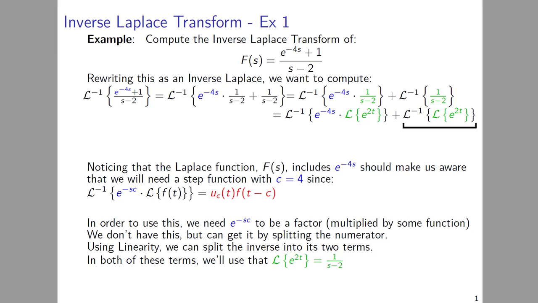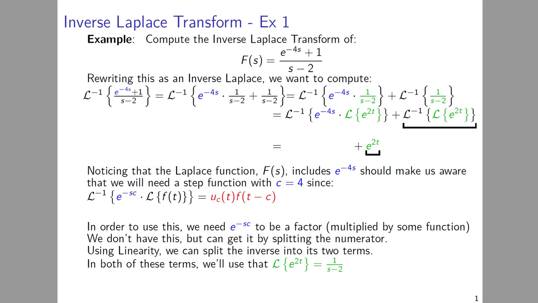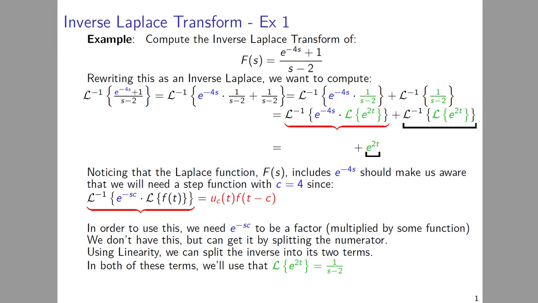Now that second term is simply e^(2t). For the first term, we are going to use this shifted step function.